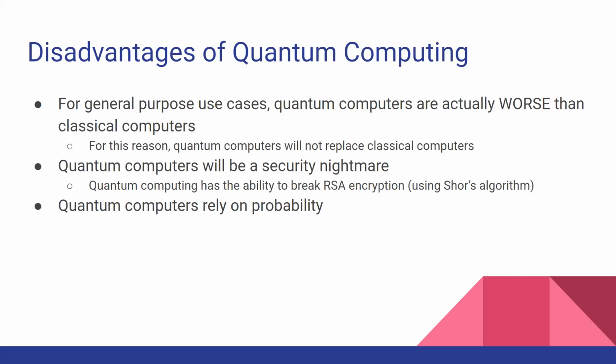However, they're not foolproof. For general purpose use cases, think about the standard things your computer's CPU does every day, like handling your applications and doing simple mathematics, quantum computers are actually worse than classical computers.